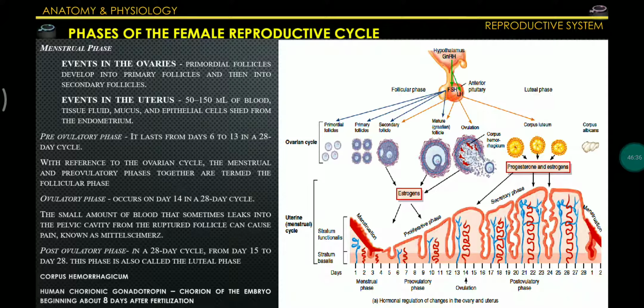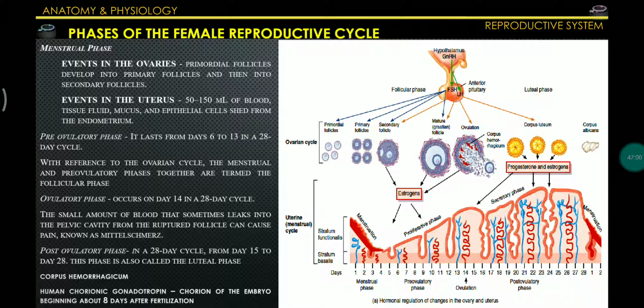Ovulation occurs by means of LH. When LH acts on the Graafian follicle, it releases the ovum, so it is called the ovulatory phase. And in the uterus, it keeps on growing by means of estrogen. When the ovum is released, it is called ovulation.